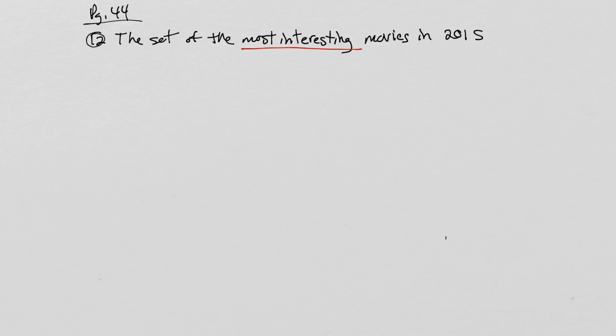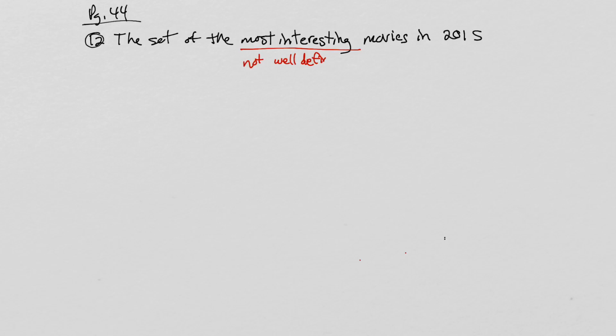So that is not well defined. So the way to change that to a well-defined would be like the set of movies that won an award in 2015, and we could look that up. Those are based on facts. And we're not doing 13, we're doing 14.